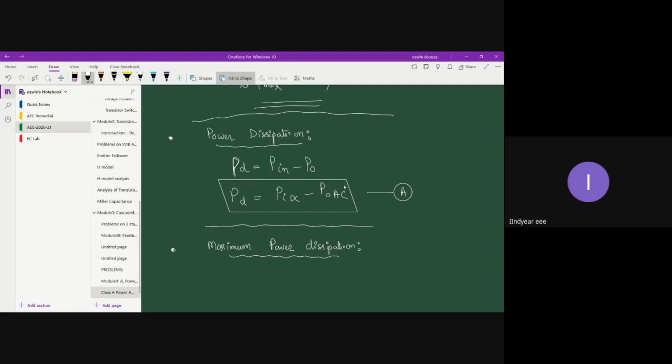If the AC part of equation A were to be 0, then your power dissipation is going to be maximum. So when P naught AC is equal to 0, the maximum power dissipation occurs.